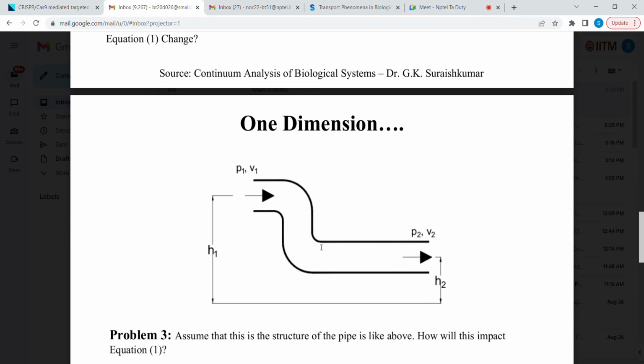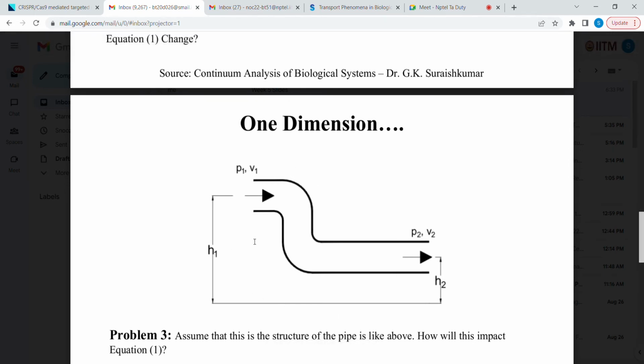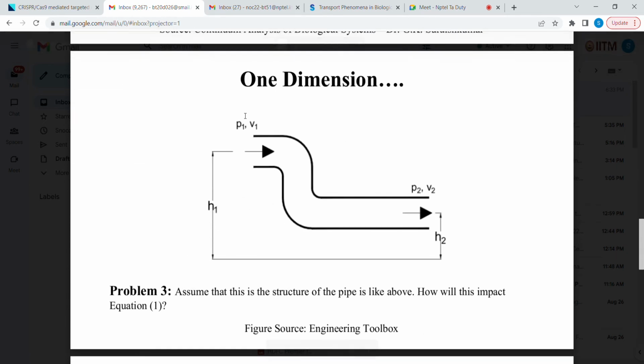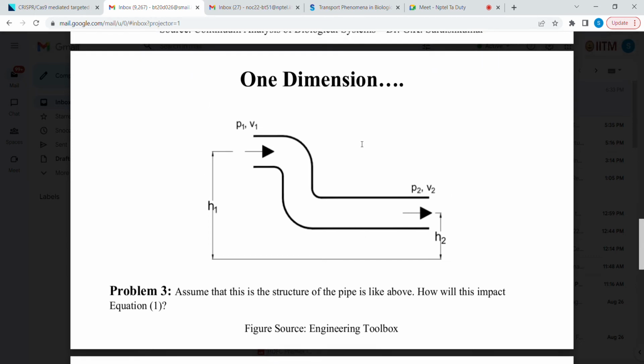Do we have to use one equation to describe this system, or can we split the engineering Bernoulli equation into more than one type, based on this figure?